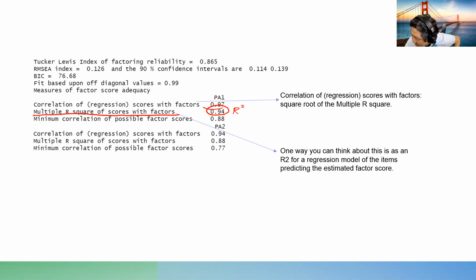And then this one, the correlation of scores with factors, is the square root of R squared, so this is the R correlation, the correlation of scores with factor one and factor two.